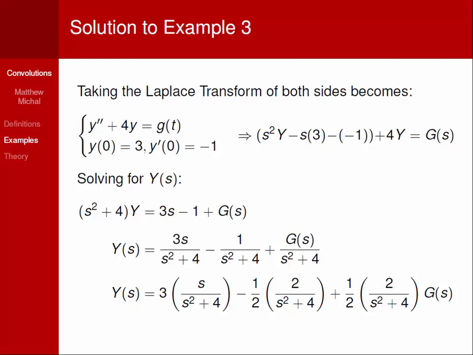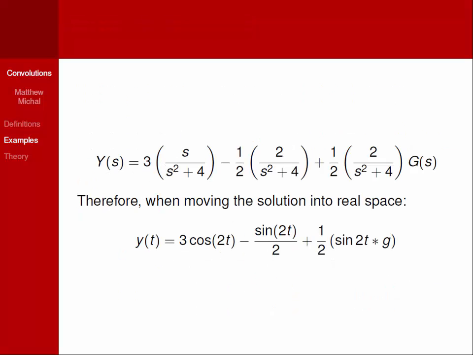So I'm going to have 3 cosine of 2t minus 1/2 sine of 2t plus, what's that? Sine of 2t convolved with g of t. Oh my god. Here we go.